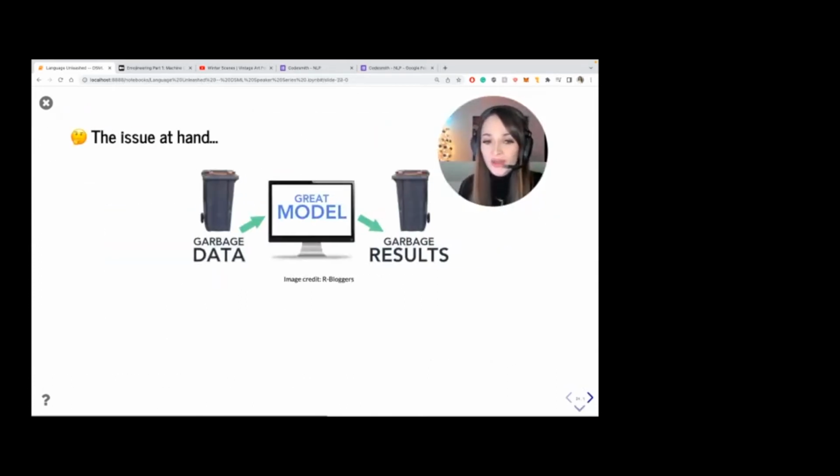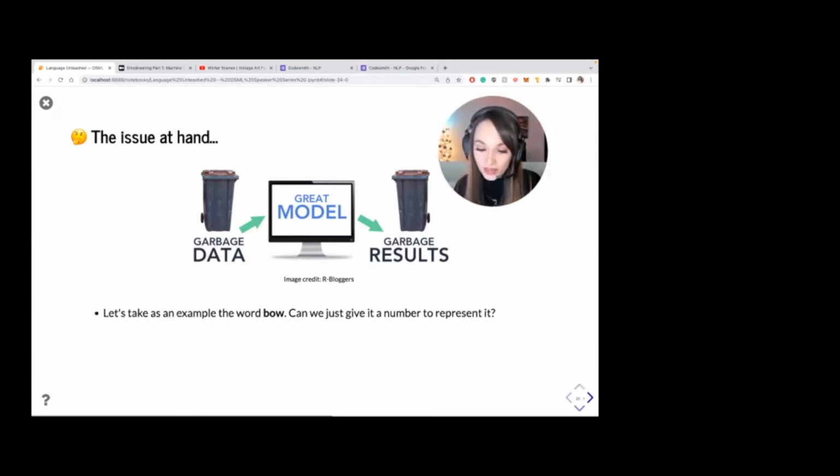The issue at hand is that even if you have the best model in the world, if you put garbage in, you get garbage out. So if your data is garbage, your results are going to be garbage. You have to pre-process this data in a way that is meaningful, so your model can perform and have good results.